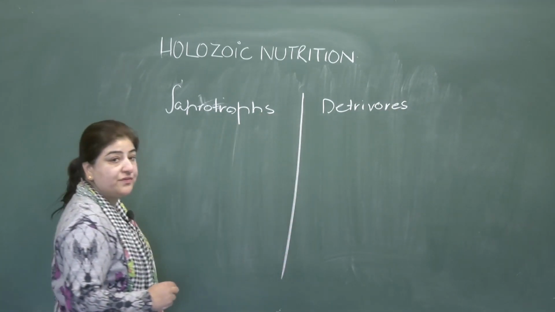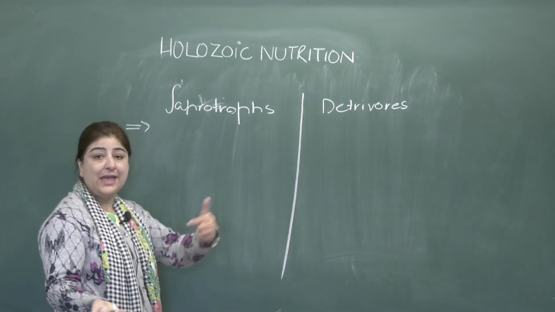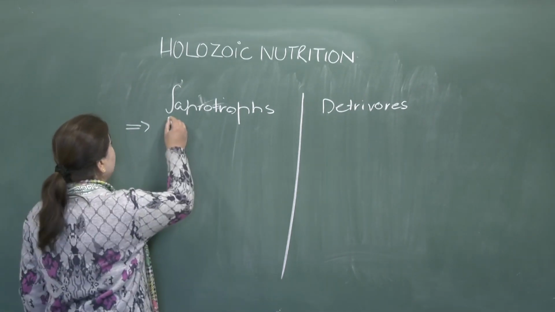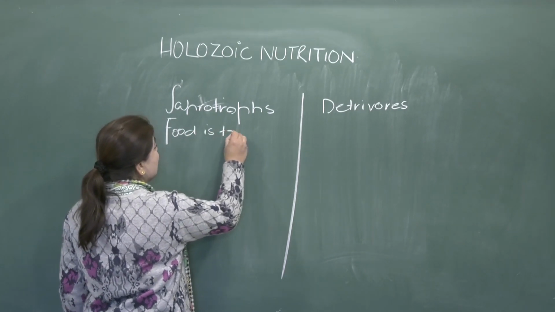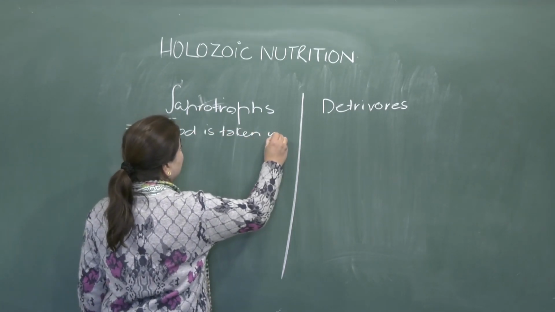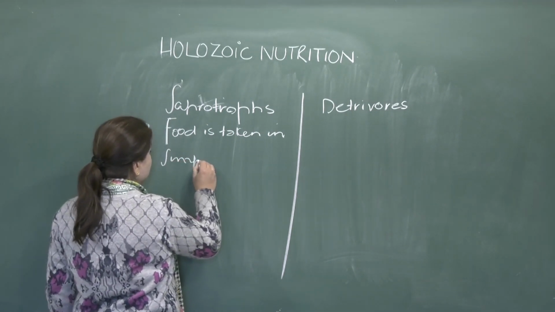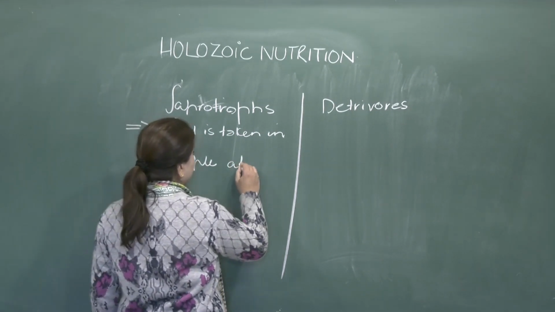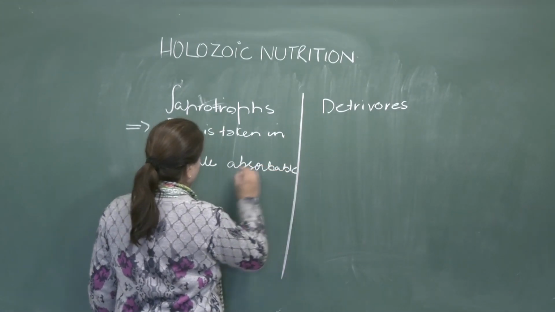In the case of saprotrophs, the food is taken inside the body in a simple, absorbable form.